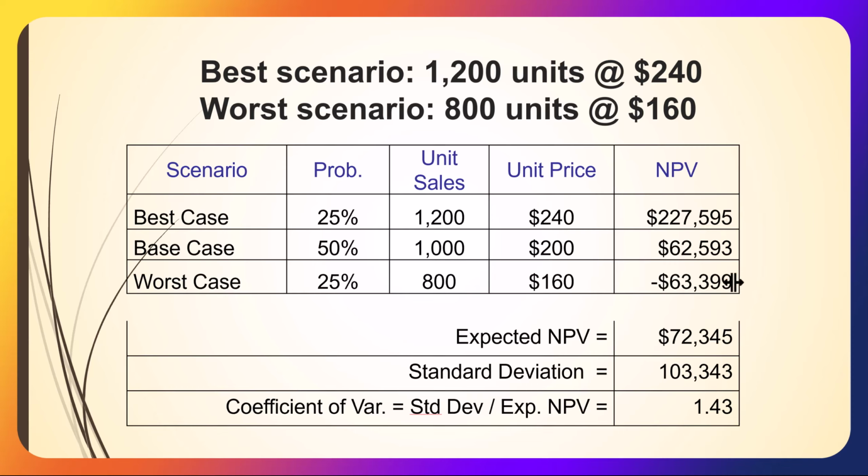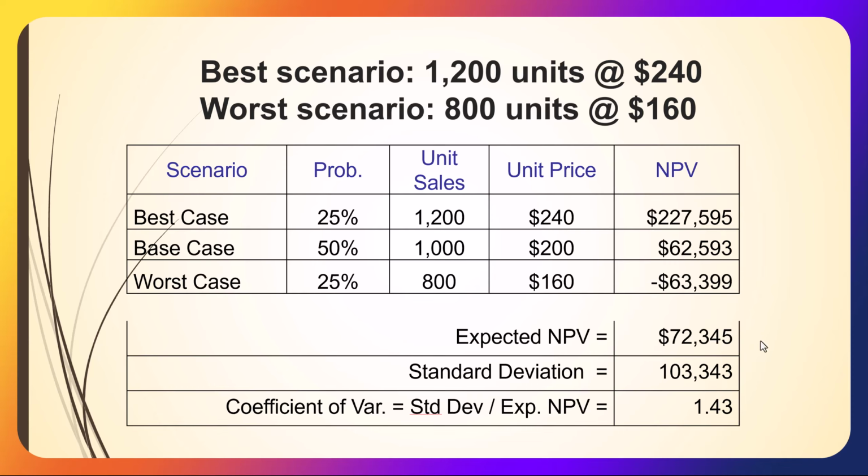That gives us this negative net present value. Now we have to determine probabilities. What's the chance that these economic events are going to happen? That could be one of the stickier points with using scenario analysis. But in this example, we have an expected net present value.